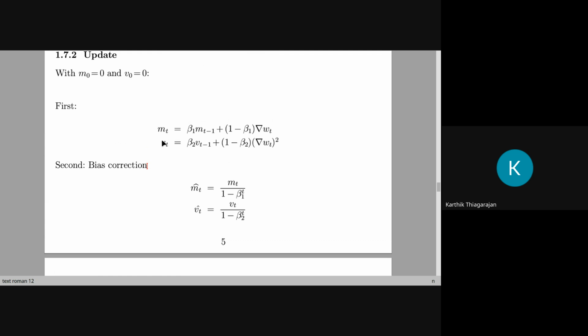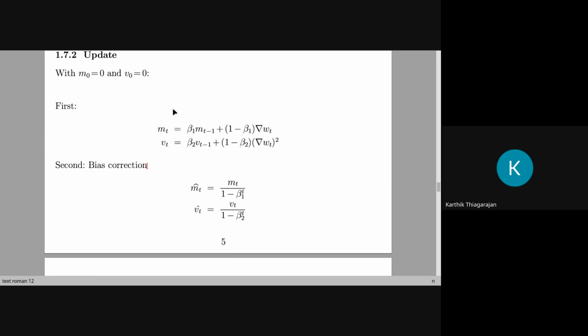Alternatively, think about this. You start with 0, 0. From the point of view of moving averages, it's very unlikely for your initial value to be 0. So what do M_t and V_t capture? They capture some historical idea of your gradient and gradient square.